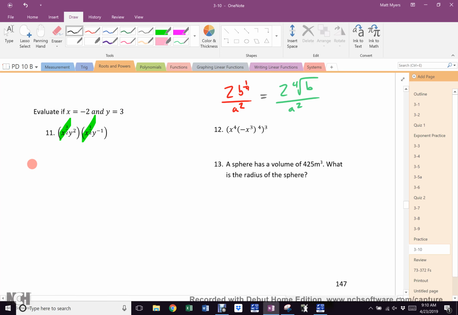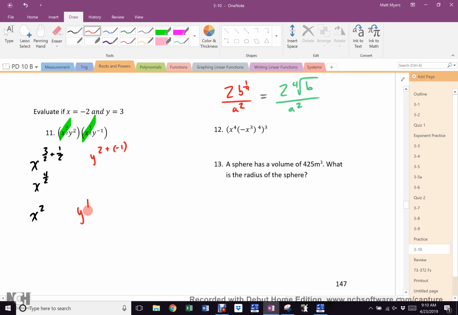Add them. So I have x to the 3/2 plus 1/2, which is what? 4/2, which is x squared. What should I do with those y's? Add them to get y to the 2 plus negative 1, which is y to the 1.